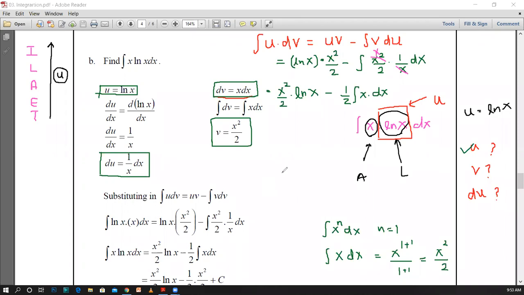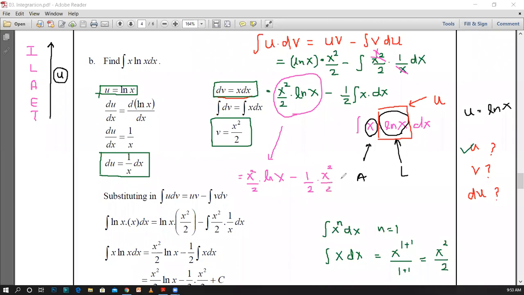Then, if you take the integral, the whole thing comes down as it is: x squared divided by 2 times ln x, and minus half times the integral of x with respect to x, which is x squared divided by 2.